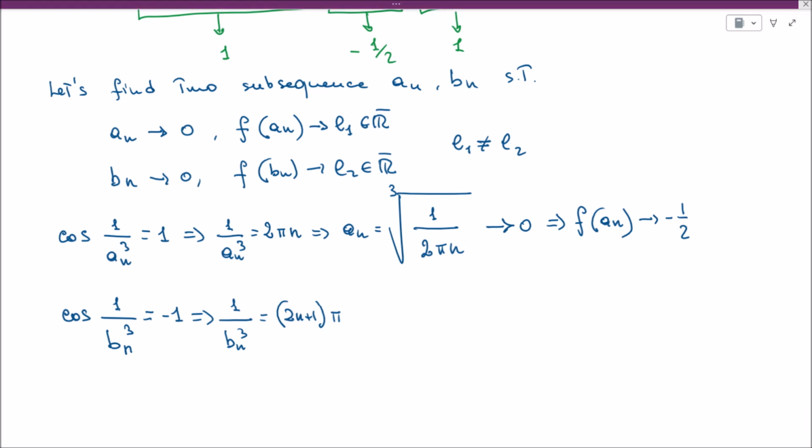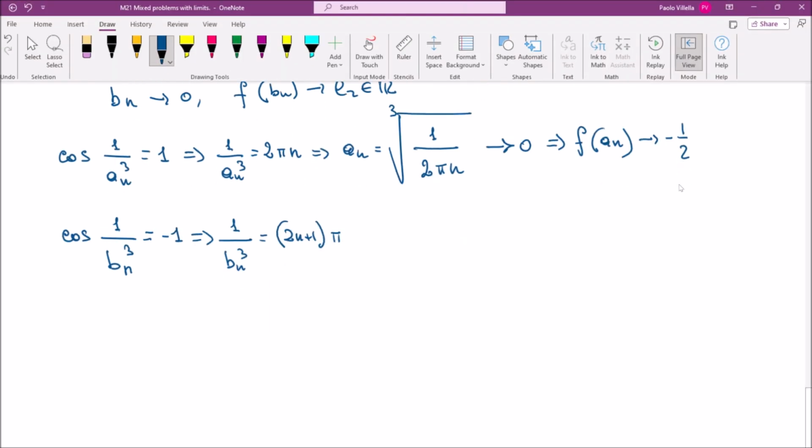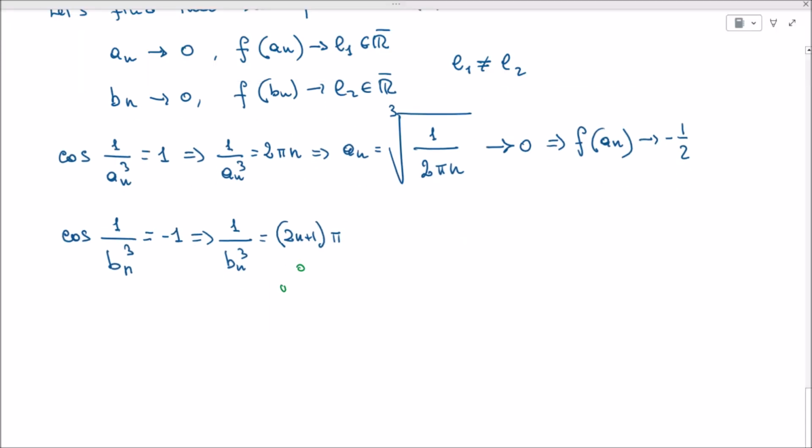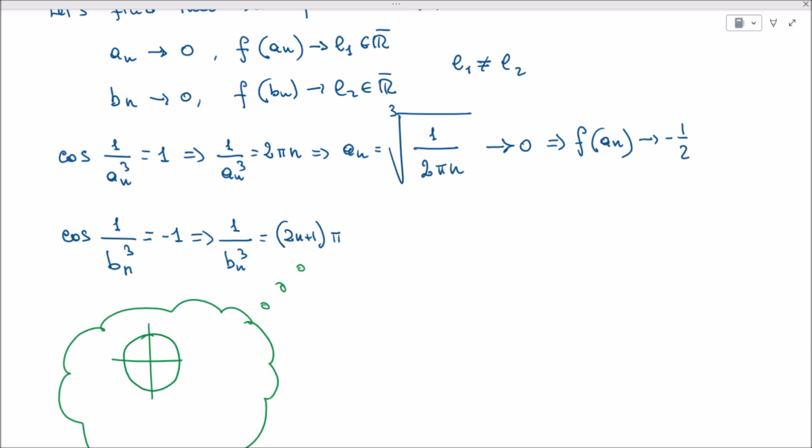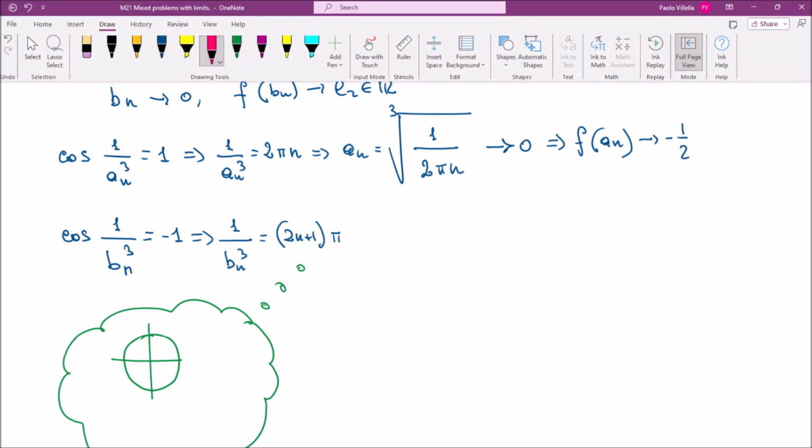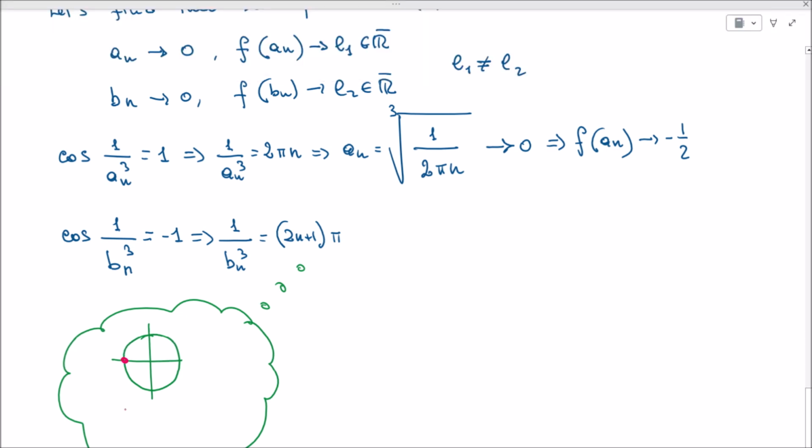Okay, just let me explain this idea very quickly. So we are saying this, if we have the unit circle, the cosine is going to be equal to minus 1 in these points, okay? But these points are what? Well, we have pi, then we have pi plus 2 pi, then we have pi plus 4 pi, and so on and so forth.